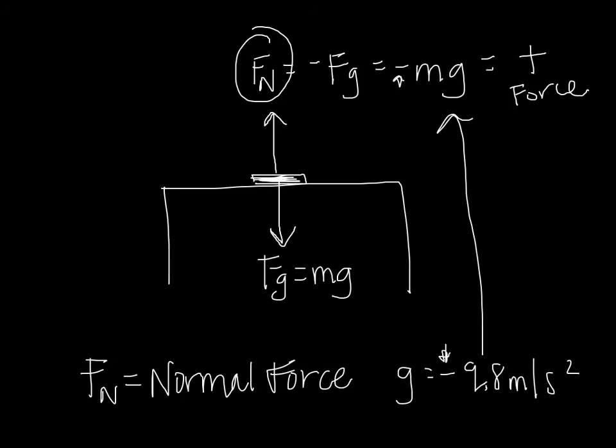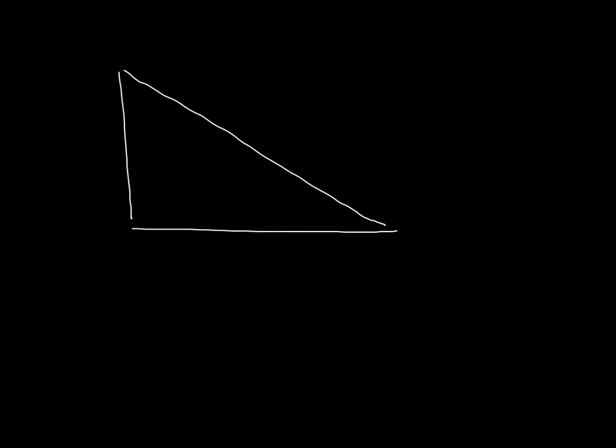So let me erase this here. So for example, if I put that book on some kind of inclined plane, here's my book, pretend that it's not sliding down, it's just sitting there at rest, then we would still have that same force of gravity equal to mass times gravity.